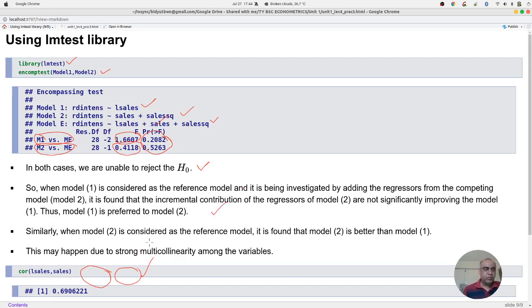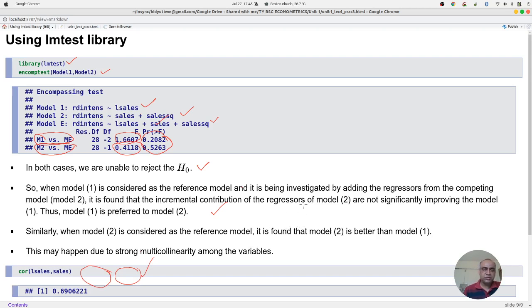Similarly, when model 2 is considered as the reference model and we investigate model 2 by adding the regressors from model 1, we see that the incremental contribution of the regressors of model 1 is also not statistically significant. That means here model 2 is better than model 1.